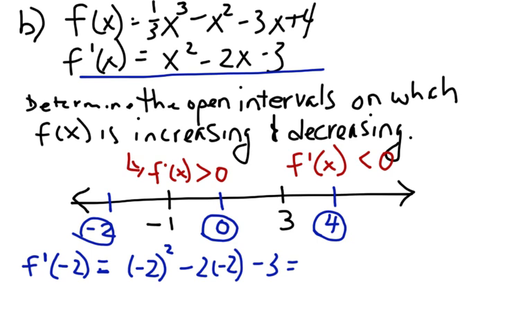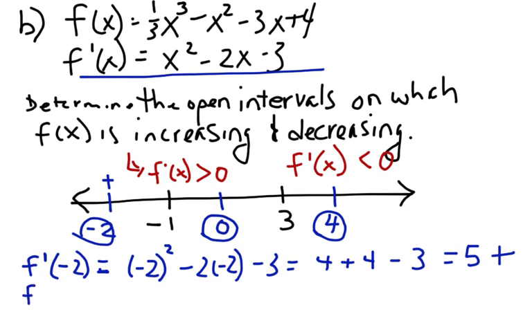So this would be 4 plus 4 minus 3, which equals 5. And honestly, we don't even care what this number is. All we care about is its sign, so it's positive. Okay? That means every value smaller than -1 on my first derivative is going to be a positive quantity.